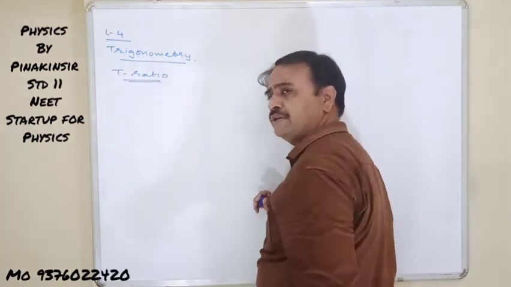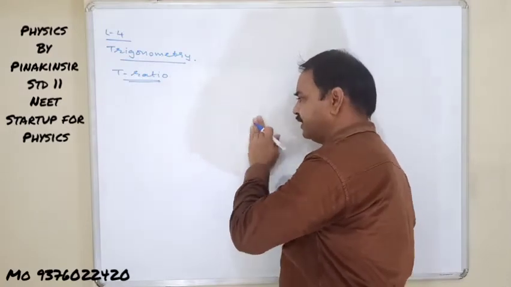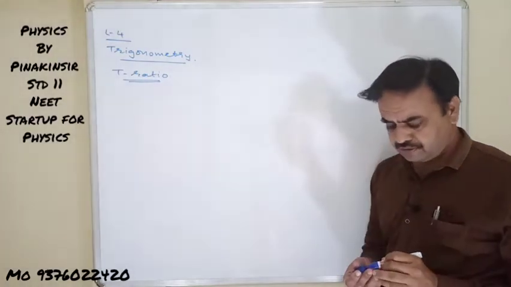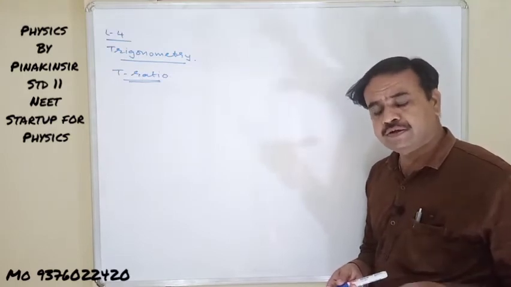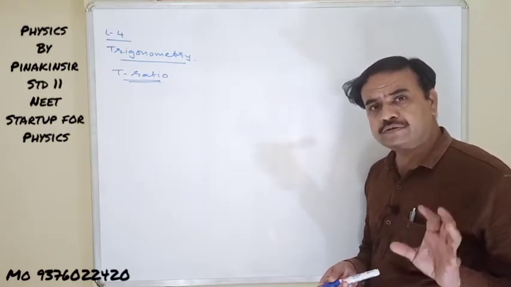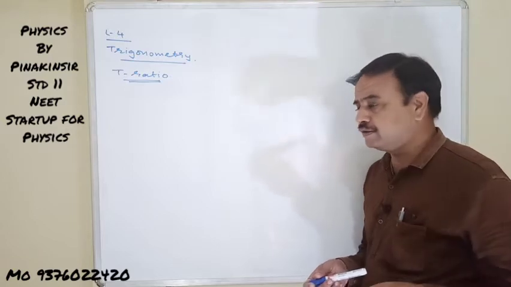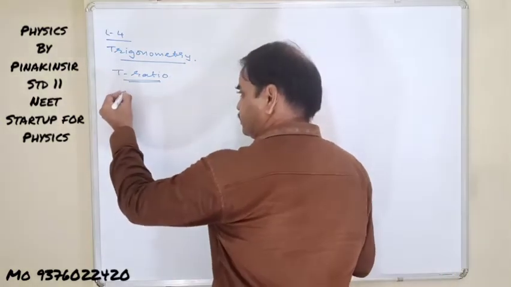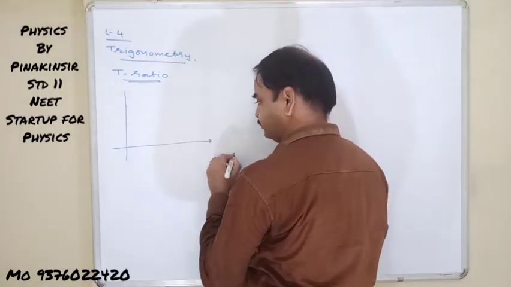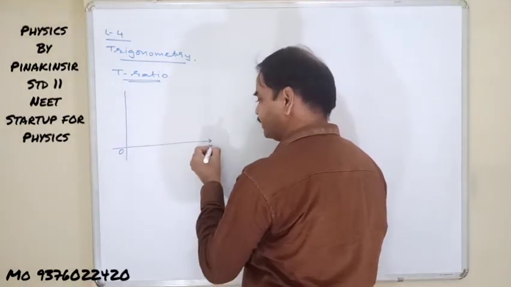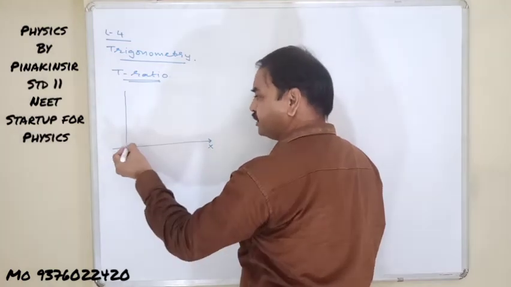That is trigonometric ratios. As you know very well, there are 6 components of a triangle, and particularly T ratios are defined for a right angle triangle. So let us take a typical angle on ray OX with reference line OX.